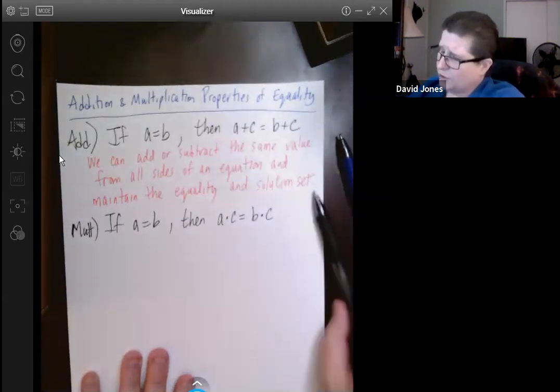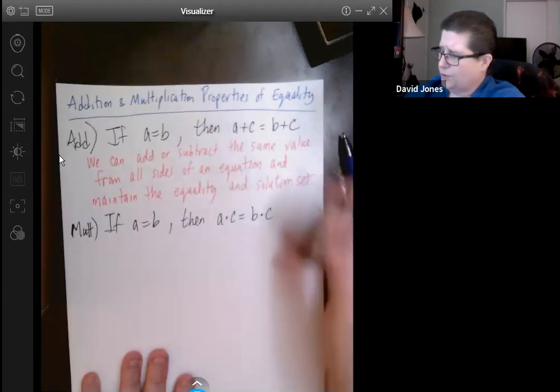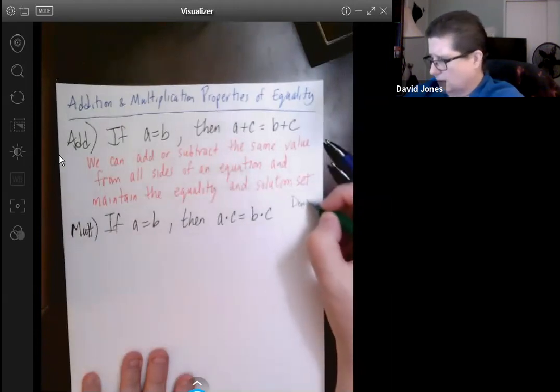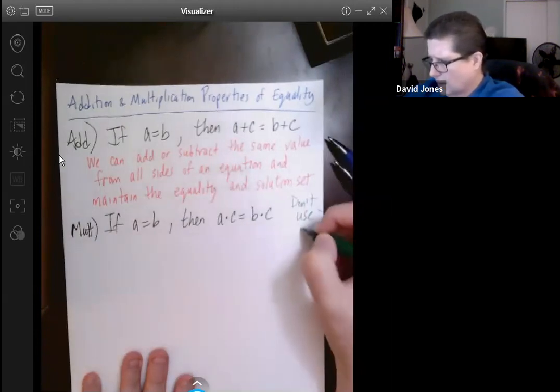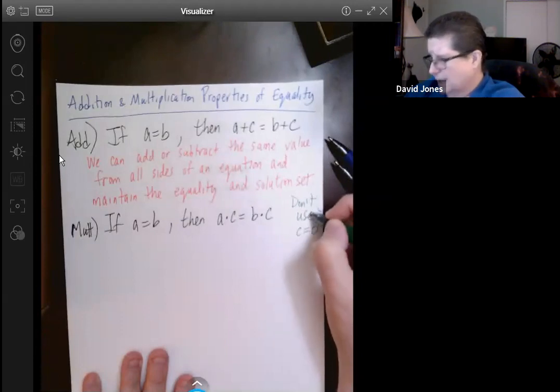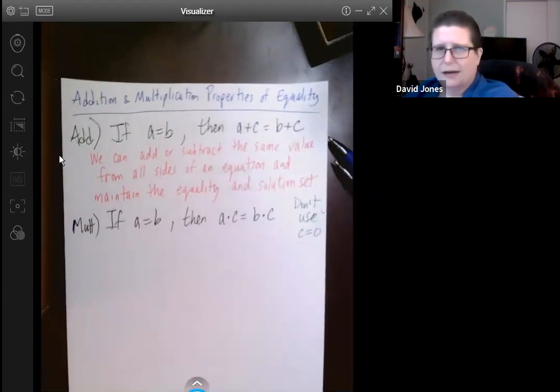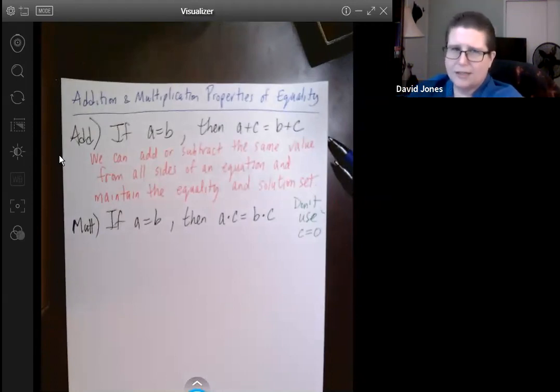We do have a single caveat. Don't use C equals 0. It destroys everything you've got. Now everything is equal. You multiply by 0, you end up with 0 on both sides. Of course, they're equal, but you've lost any information that you have.